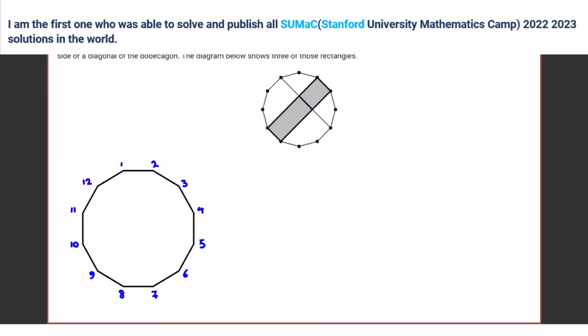For example, I can consider this side and this side. These two sides are parallel to each other.